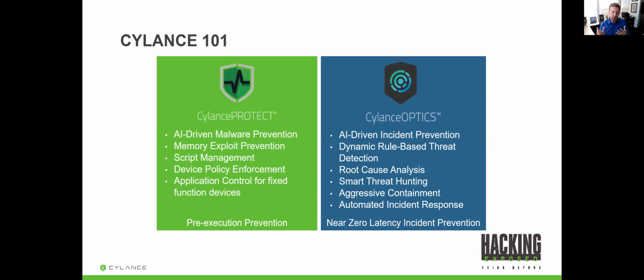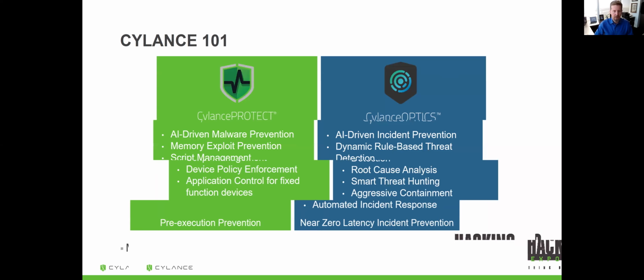So with the two solutions, we can get really, really powerful prevention and detection capabilities. And it can really save a lot. Like I said, almost 32 million preventions so far with the company, largely with Protect and now with Optics that's been released.